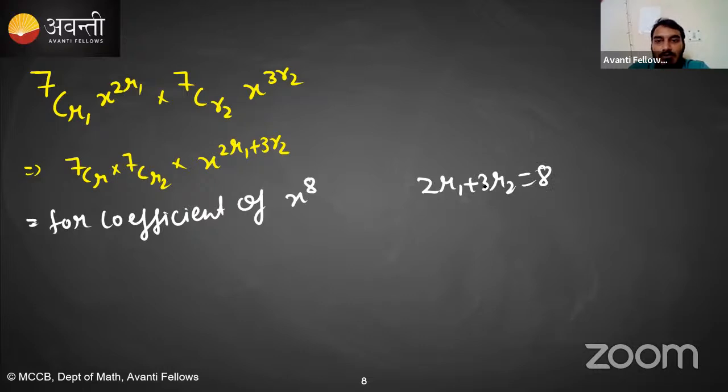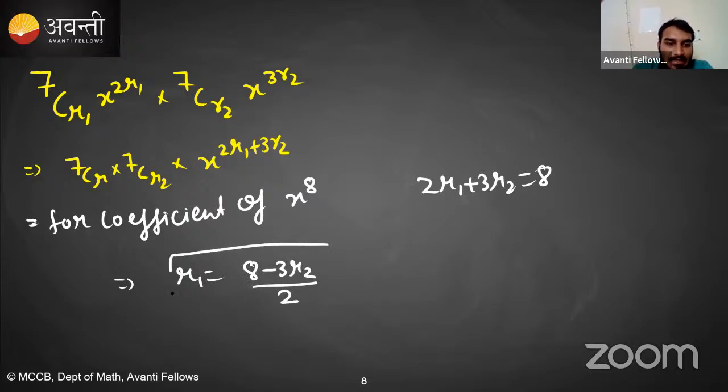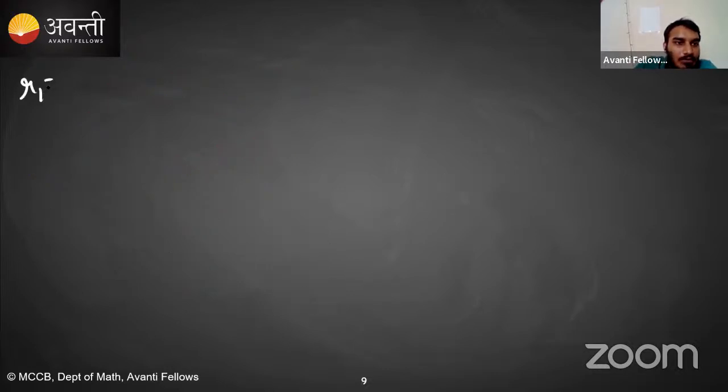Yes or no? Right. So it implies r1 should be equal to (8 minus 3r2) divided by 2. Is this clear or not? Quickly.